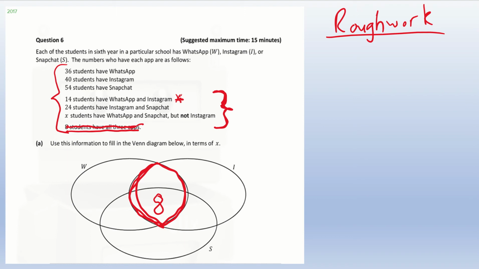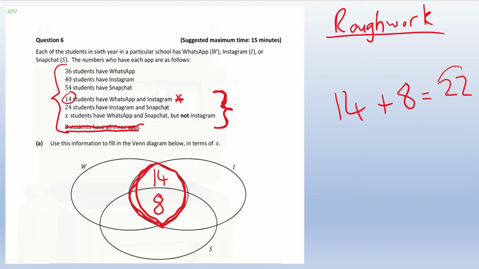And the mistake that some students make is they see the number 14 and they say, oh, 14 students use WhatsApp and Instagram, I'm going to put 14 here. What you're actually telling me by putting the 14 there is that 14 plus the 8 that are already there, and that's 22, use WhatsApp and Instagram.